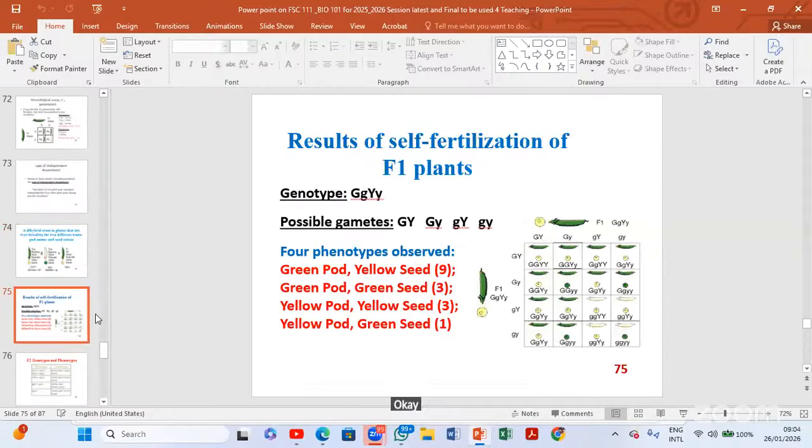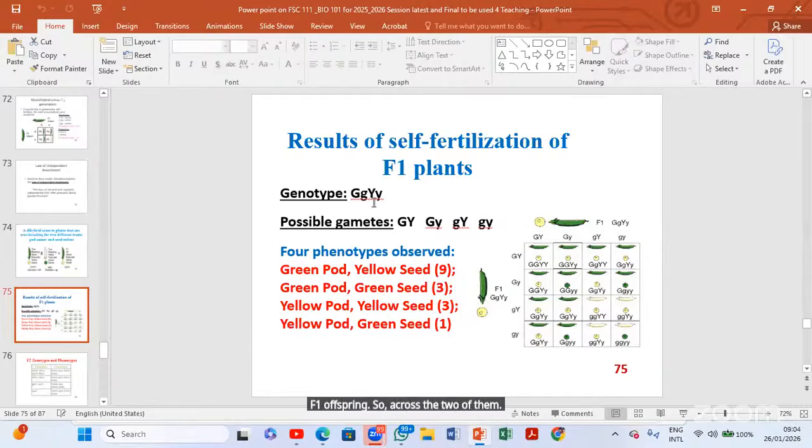This is the result of proceeding from F1, where he crossed two of these, capital G, small g, capital Y, small y, which is the genotype of the F1 offspring. So he crossed the two of them.